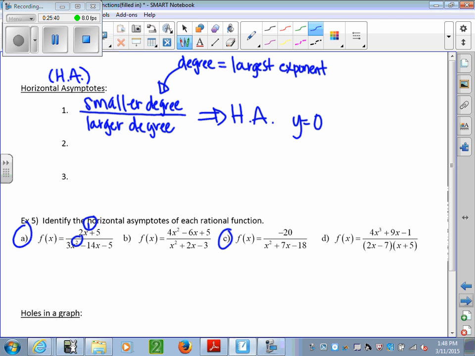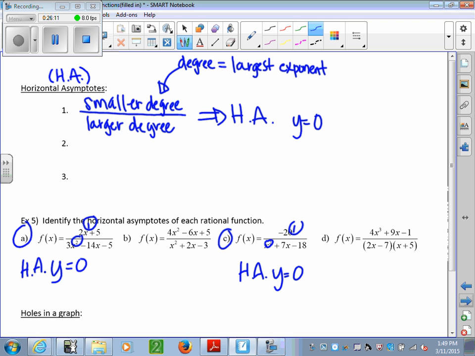If it's smaller divided by larger, then my horizontal asymptote is always y equals 0. Same here. I don't have an exponent on top, or my largest exponent is a 1, over a 2. So it's smaller over larger, so my horizontal asymptote is y equals 0. We talked about in class how to find these on your graph. If you want to talk about that more, please continue.